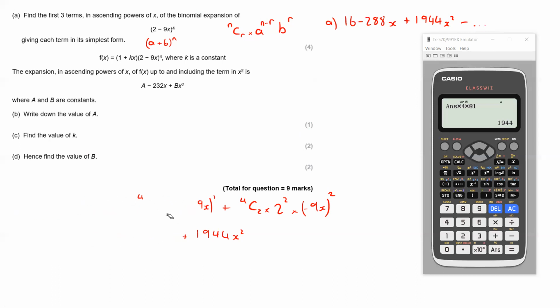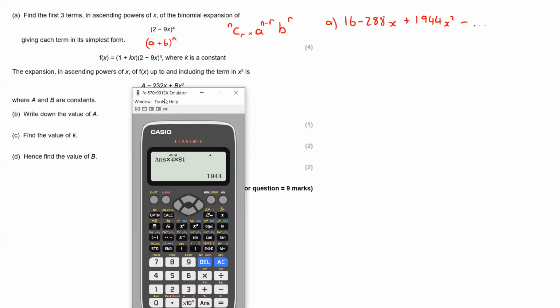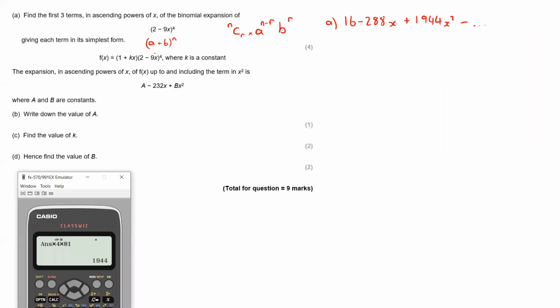Okay, so next up we've been told that we've got the same number, but we're going to multiply it by some kind of other function, I suppose. So the other function itself is 1 plus kx, where k is a constant. We know that this expansion of ascending powers of x is this here, and I'm asked to find what a and b are.